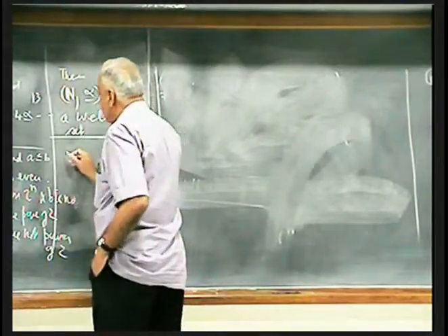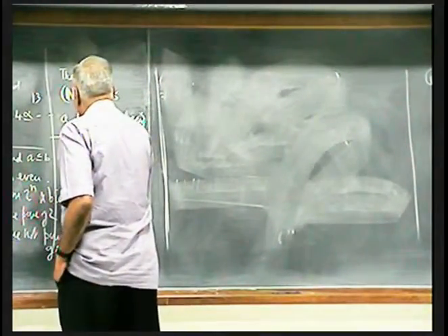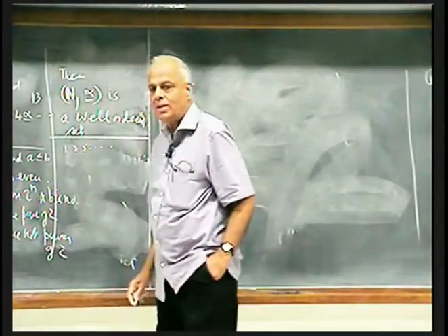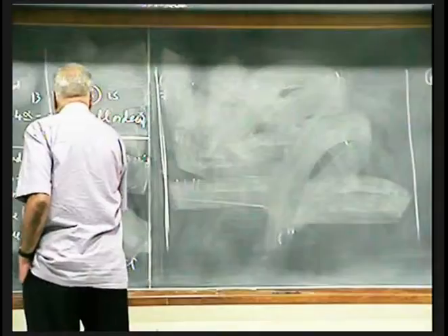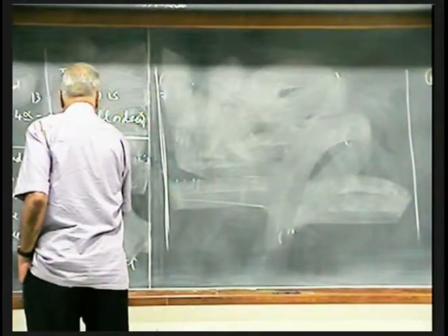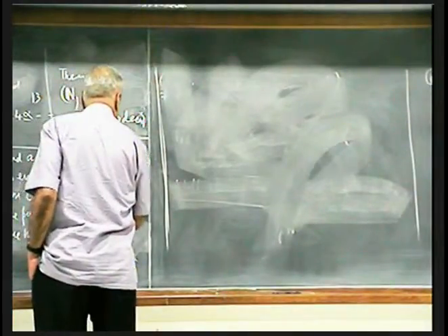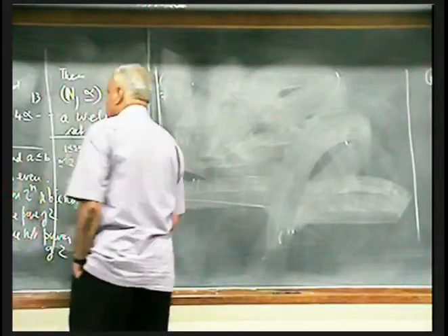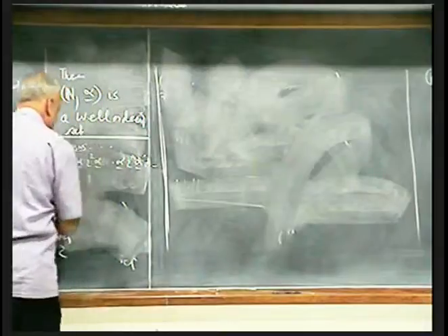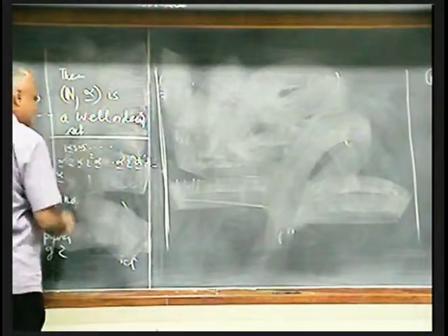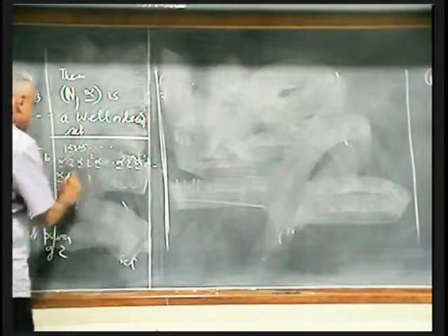Now in this set how do things come? 1, 3, 5, they are all exhausted. Then comes 2, 2 squared, 2 to the n, all the powers of 2. Then what will be the first one next? 6, okay.